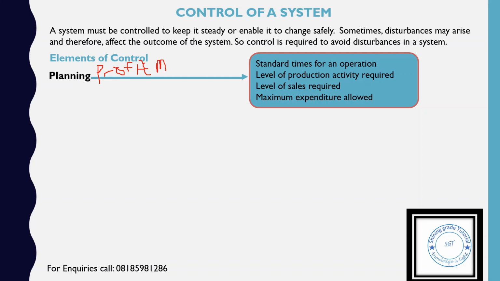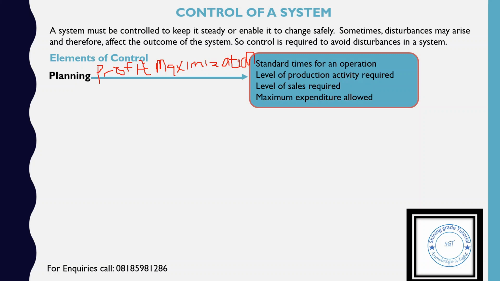Our major aim is profit maximization. Let maximization be the aim. Profit maximization is the aim of such a business system.